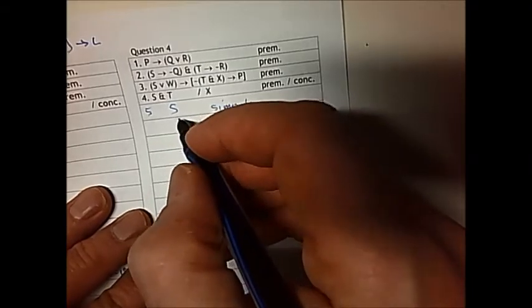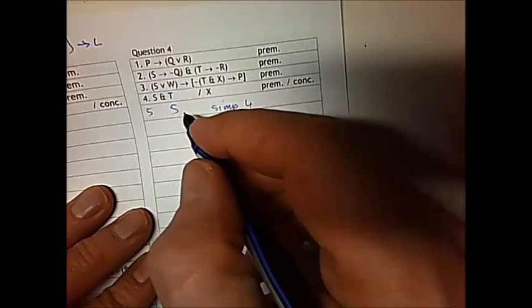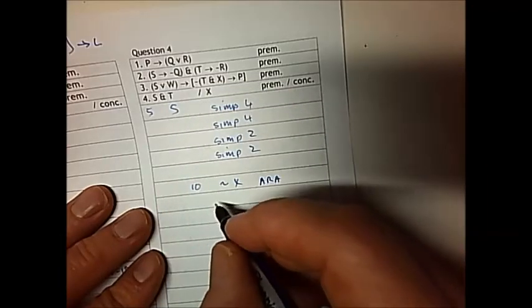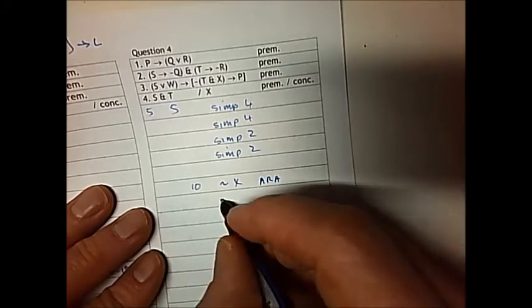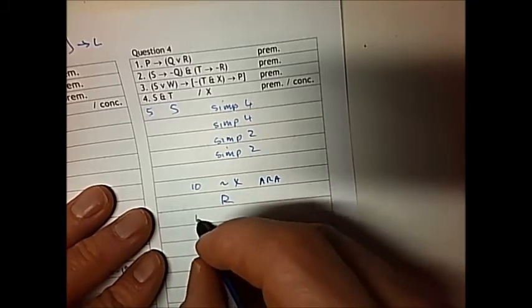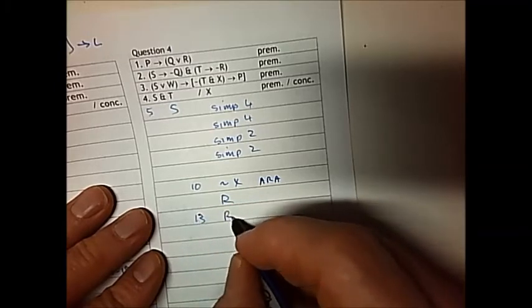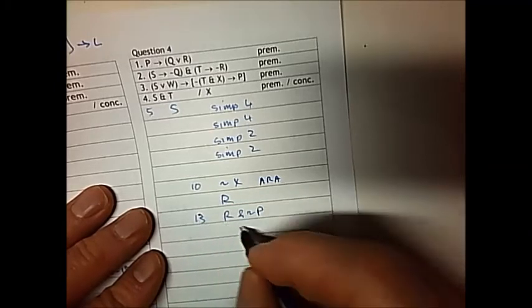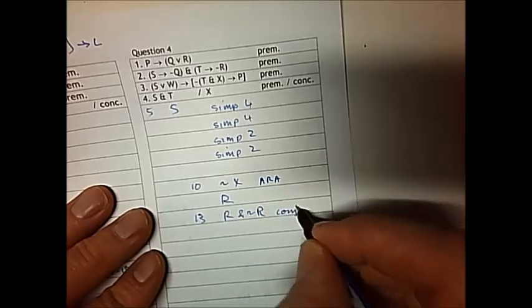So suppose you have not R up here and you get R somehow down here, then maybe on line 13 or something, you will get R and not R. So any contradiction, something and not that something, and you would get that by conjunction.